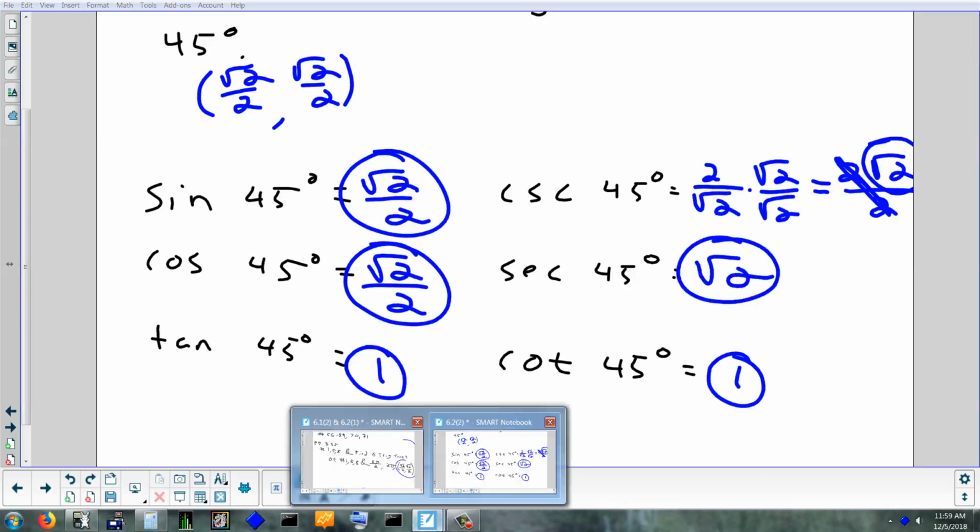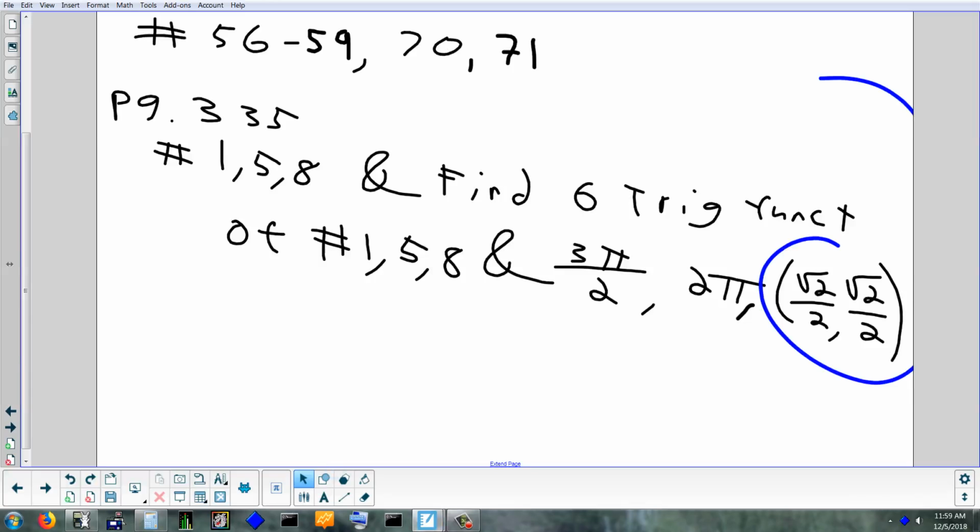All right. Okay, so the homework tonight, I'm not going to give you any of the new stuff yet because we didn't really get into part 2 that much. We only did one example. So I'd like you to find on page 335, find the coordinates for 1, 5, and 8. That's the directions in the book. But then after you get the coordinate, I want you to do what we did in class.